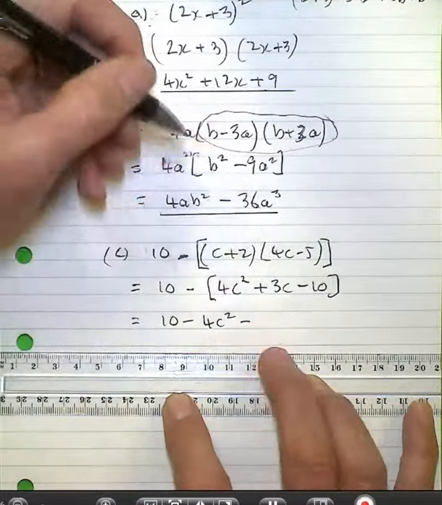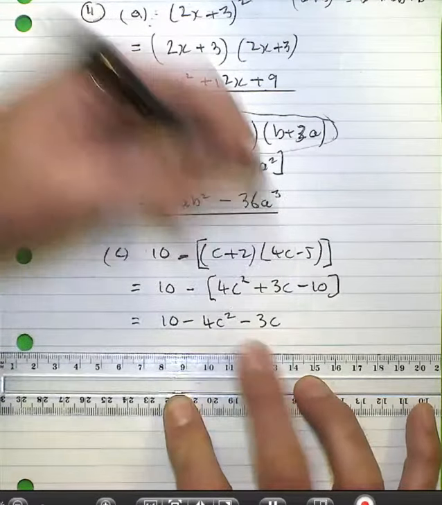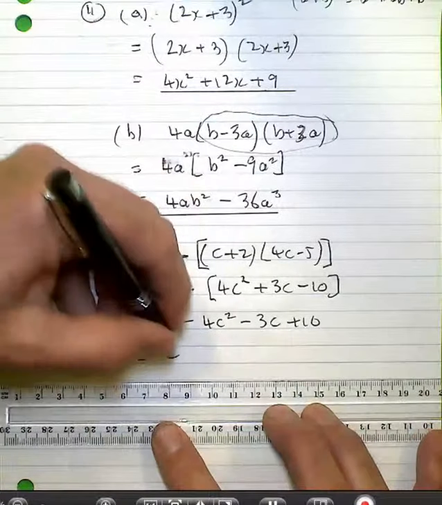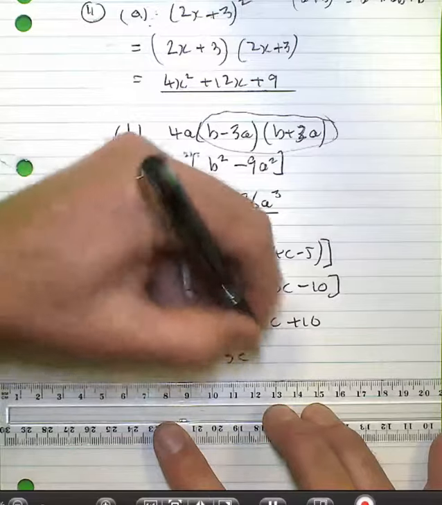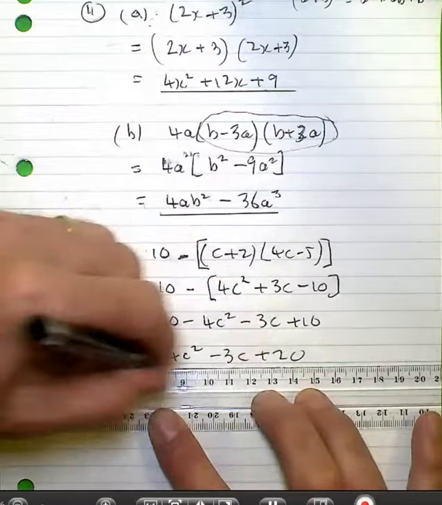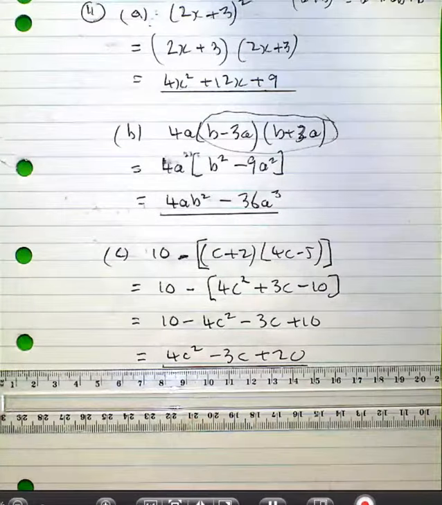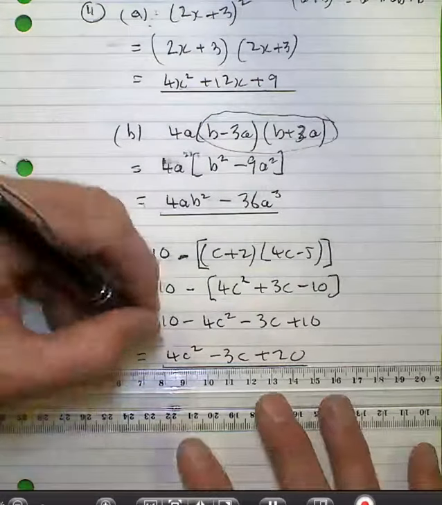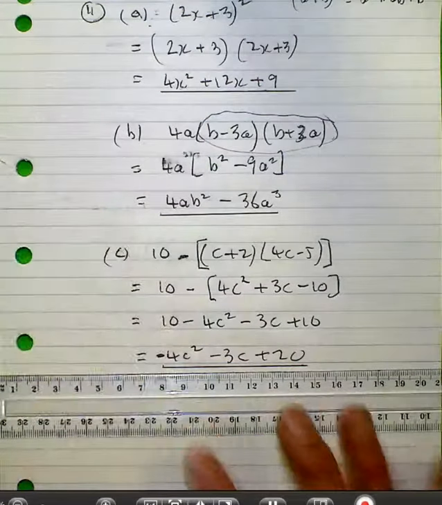And then finally, ungrouping, changing the sign inside. Of course, the negative there.